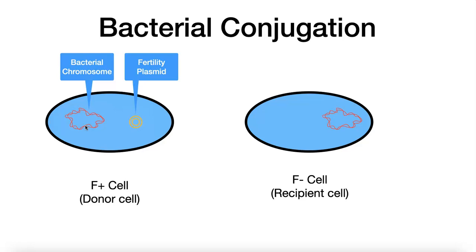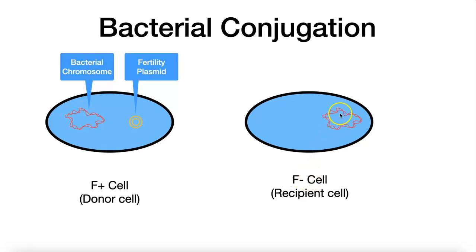So although there are these two pieces of DNA, the chromosome and the plasmid, bacterial chromosomes have the essential information. Plasmids are going to have non-essential information. Now, this particular plasmid is called the fertility plasmid. And the non-essential information fertility plasmids have is the ability to conjugate. This is why this cell has been designated an F+ cell. It has a fertility plasmid.